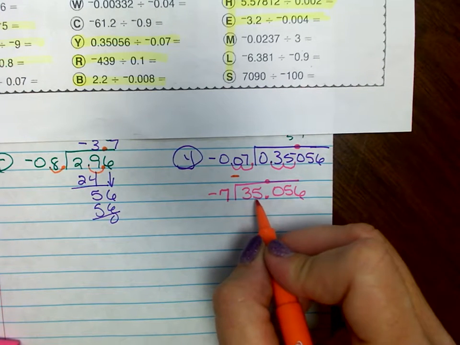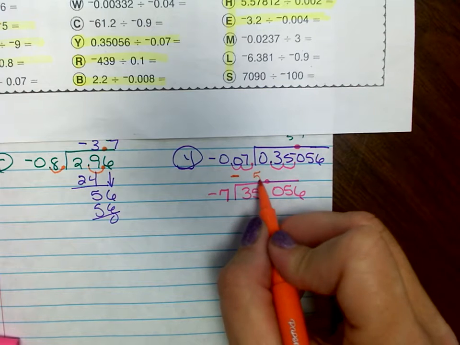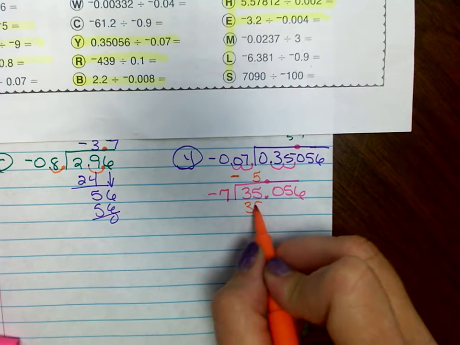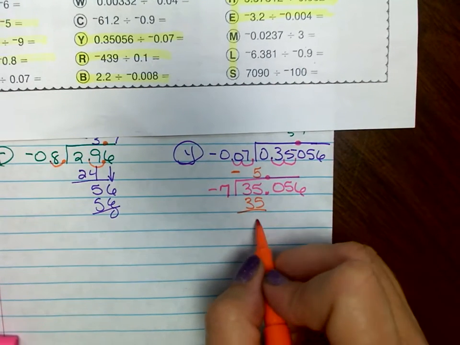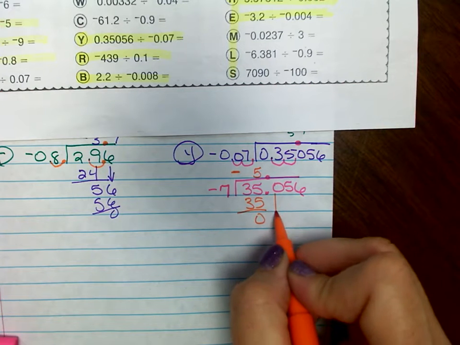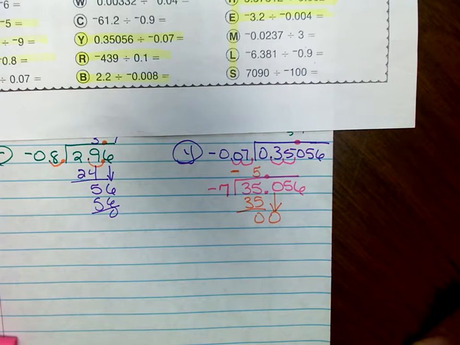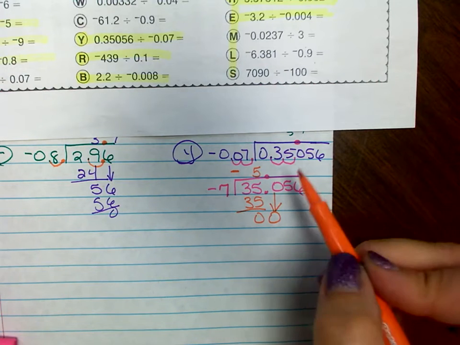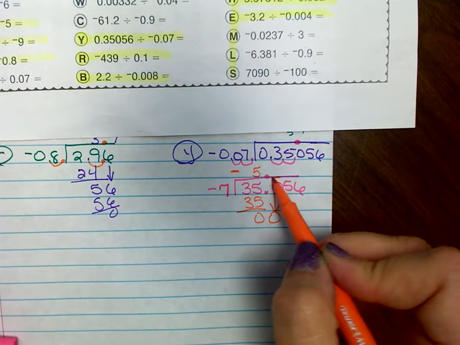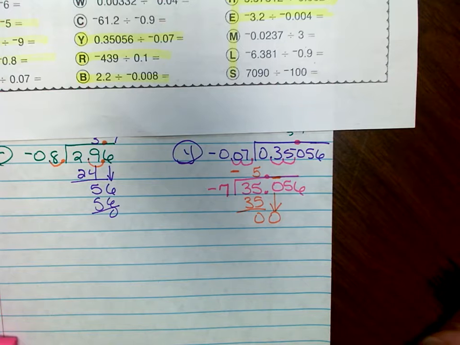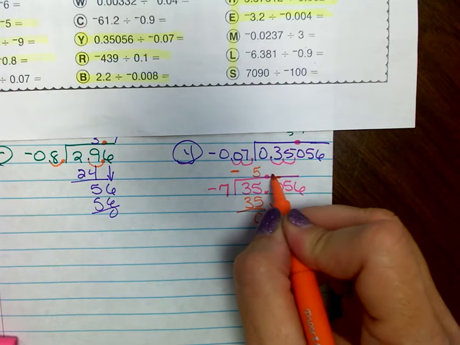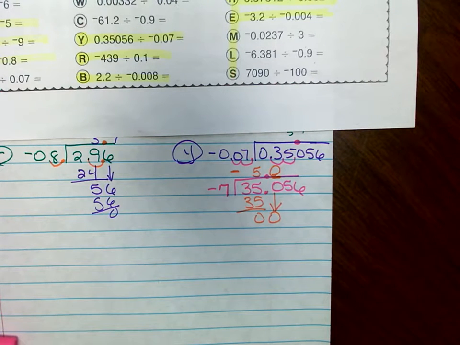7 can go into 35 5 times. 5 times 7 is 35. 0 left over. Bring your 0 down and do not forget, because you have a space here, you have to fill it. Can 7 go into 0? No. 0 times.